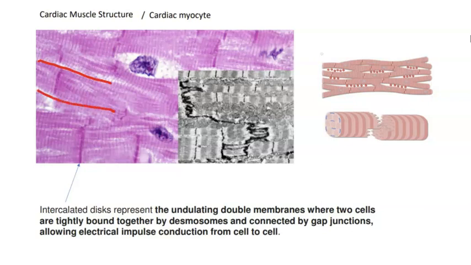By the way, they are branching, but they have these strong end wall connections between them, shown by this dark band going across, and indeed in the diagram here. These are called intercalated discs.